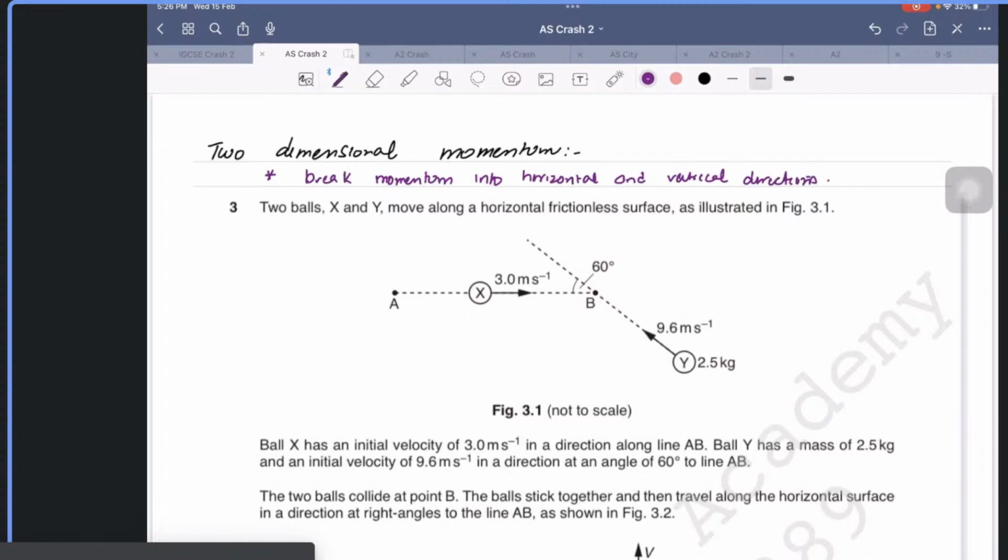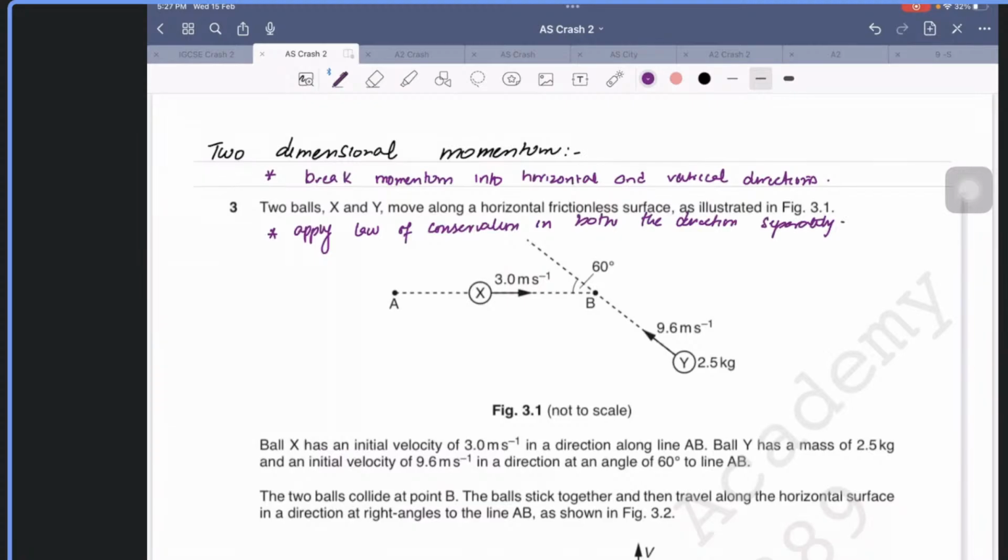And then you need to apply the law of conservation in both directions separately, and this way you can solve these questions. So this is the only tip that I want to give you. So let's move to the question so you understand what this is.